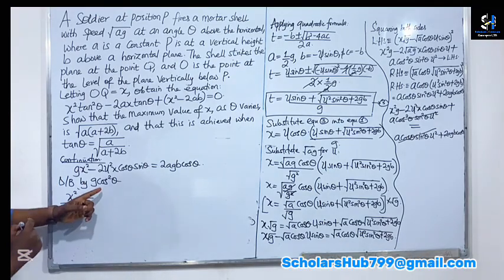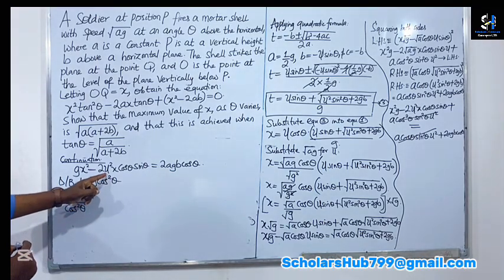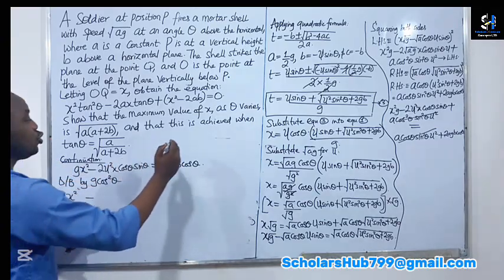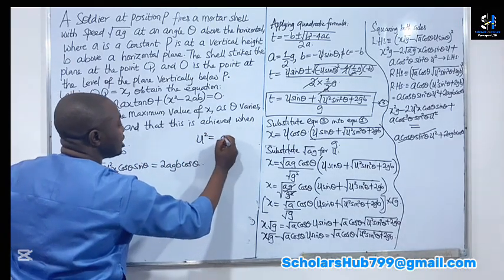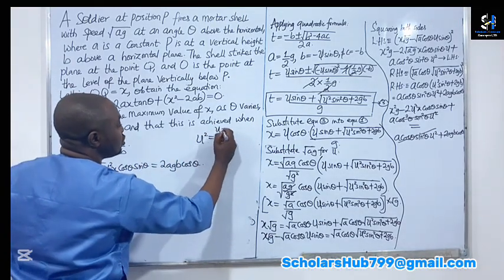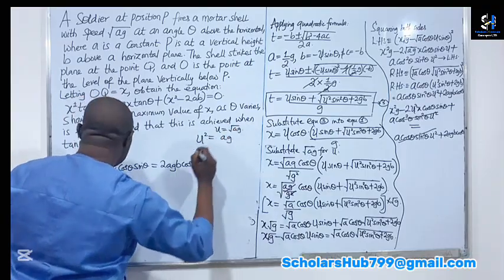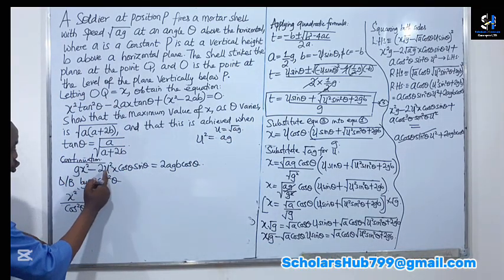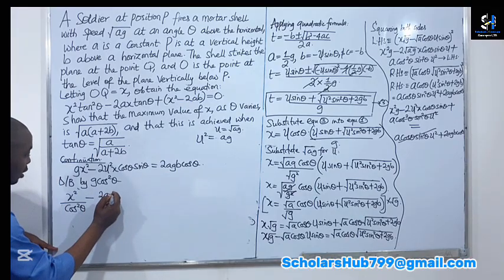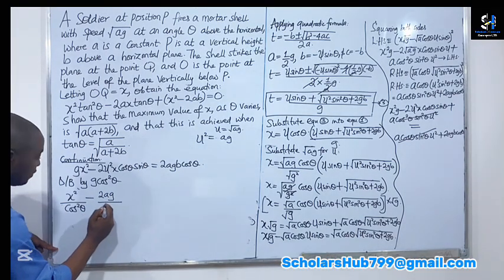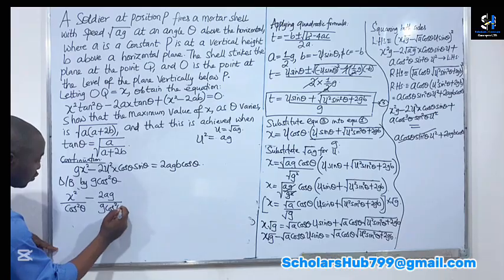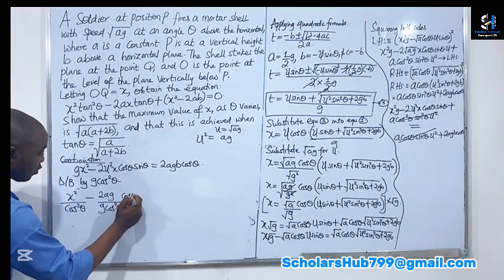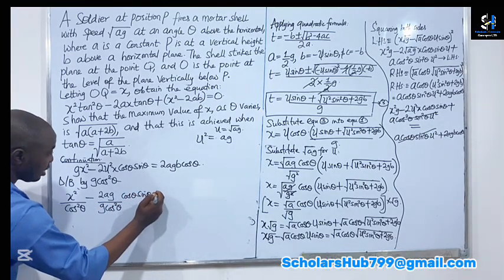Now we know that u squared is the same thing as ag, because u equals root ag. So this is the same thing as when we have 2ag divided by g cos squared theta, then we have cos theta sine theta.